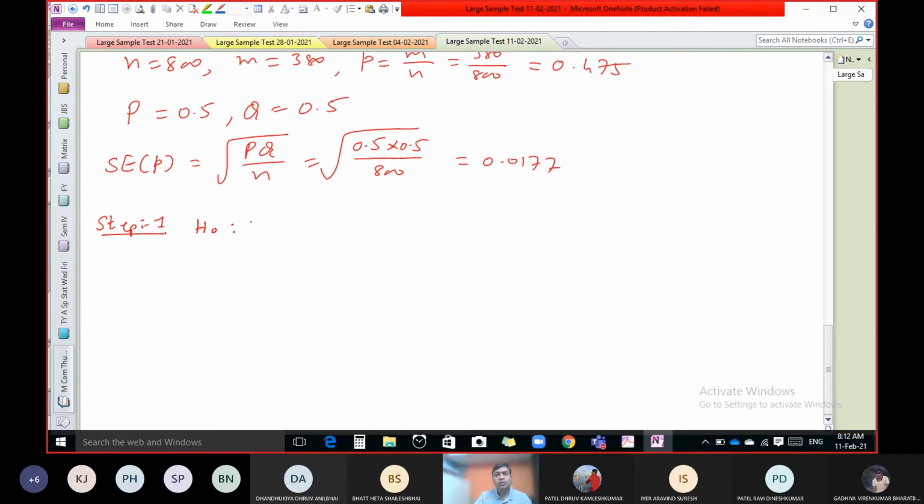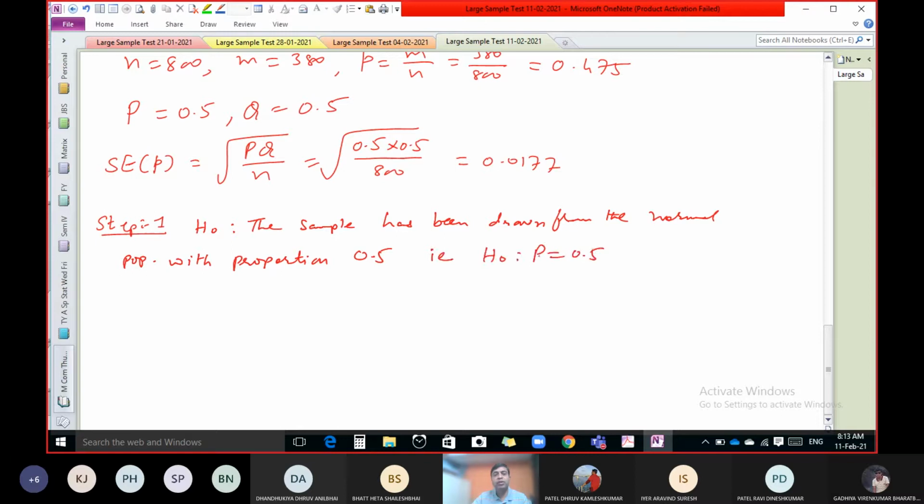We have to write there is no significant difference between sample proportion and population proportion, or the sample has been drawn from the normal population with proportion 0.5, that is H naught: P equal to 0.5. So this is our null hypothesis, P equal to 0.5.